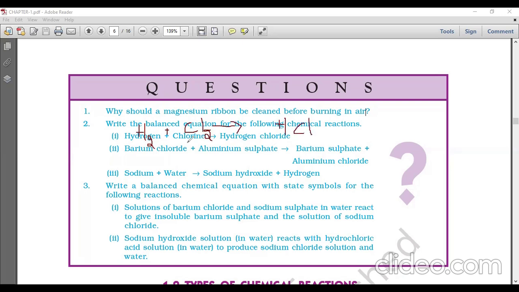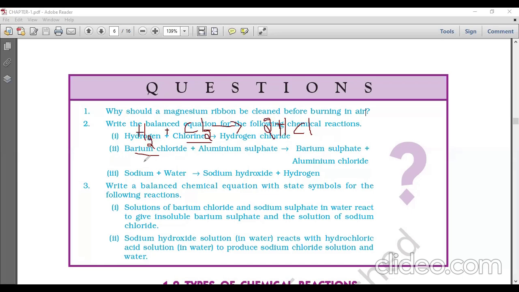If you observe here, on the reactants side on the left, there are two atoms of chlorine and two hydrogen atoms, whereas on the right side, the products, we have only one hydrogen and one chlorine. So I'll write 2 here, and now this chemical equation is balanced.